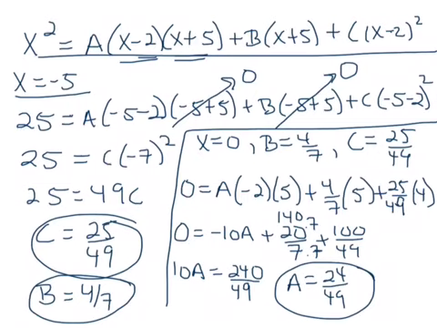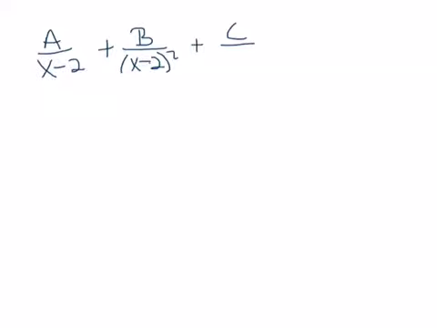So that should give us A over x minus 2, B over x minus 2 squared, and C over x plus 5, which will give us 24 over 49 over x minus 2.